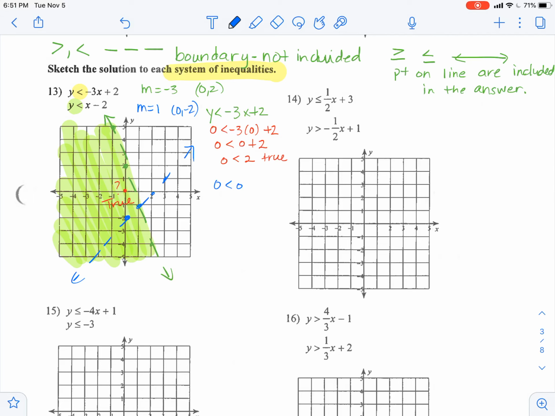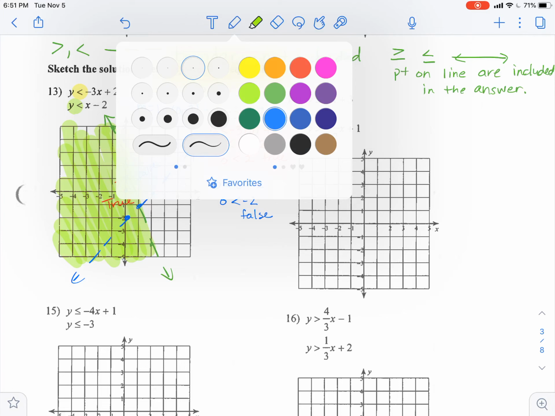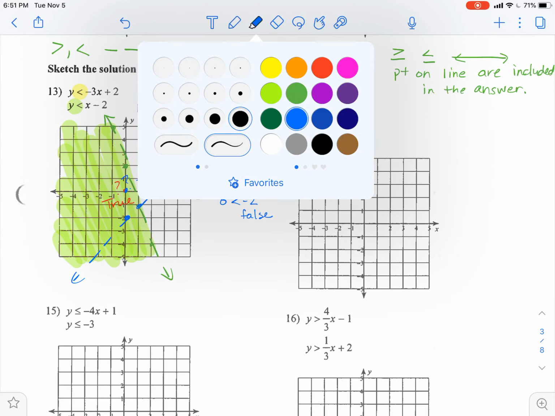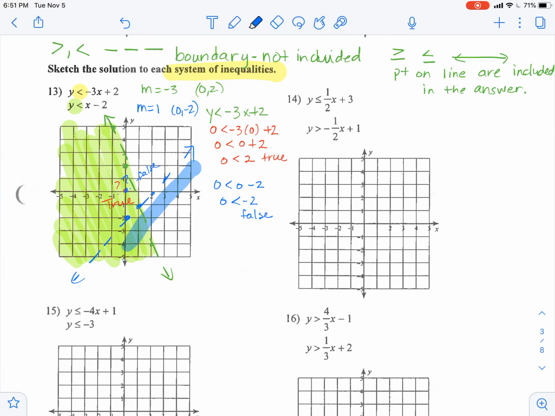So 0 is less than 0 minus 2, so 0 is less than -2. That is false. What that means is that when I'm testing that (0, 0), it does not work. So this question mark is false, which means that I'm going to shade on the other side.